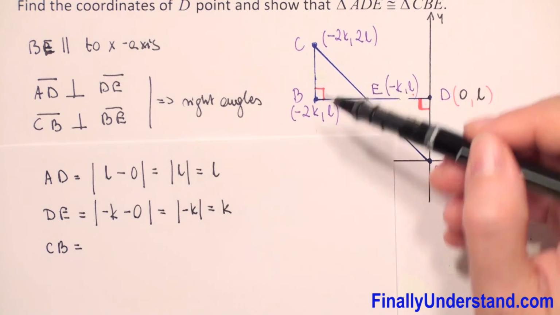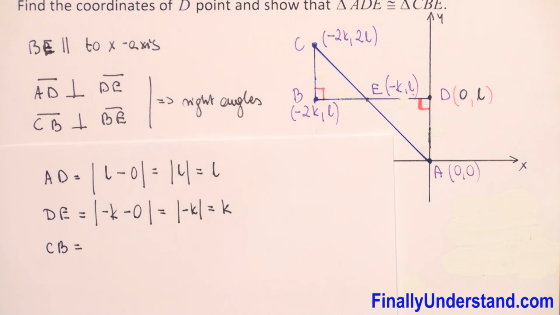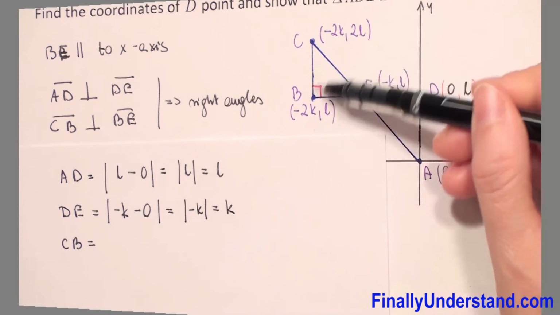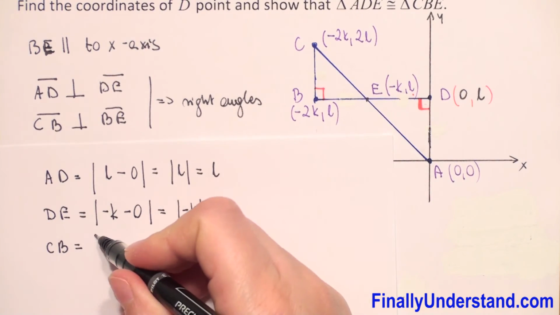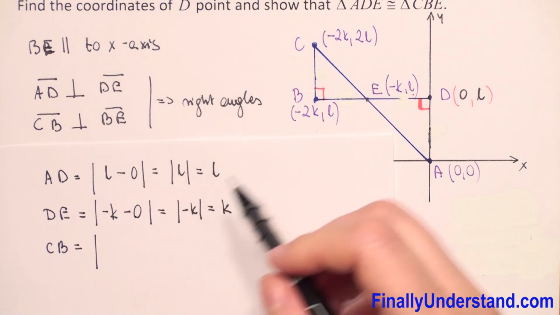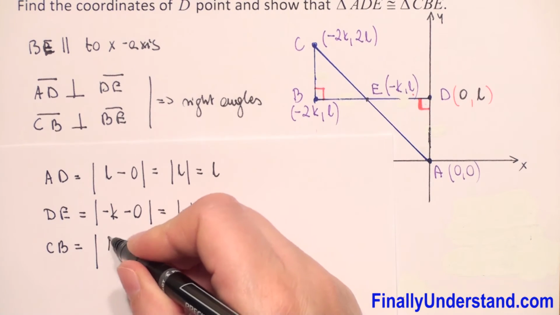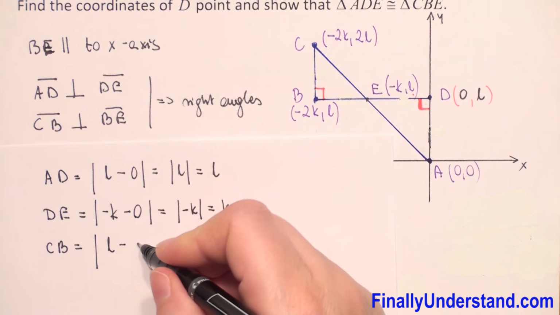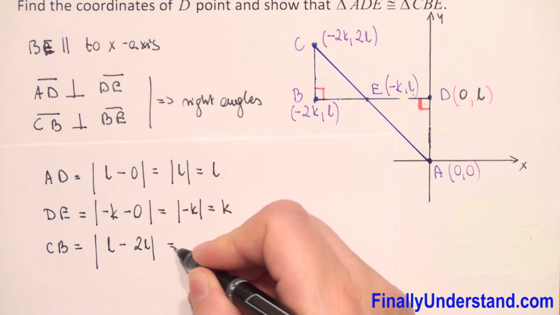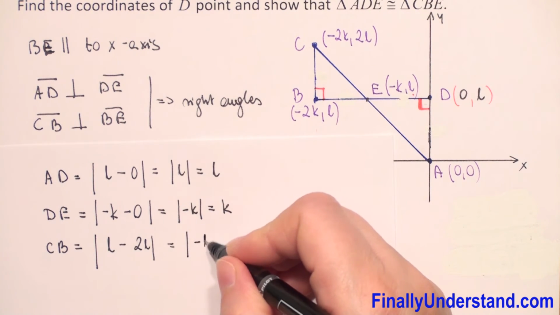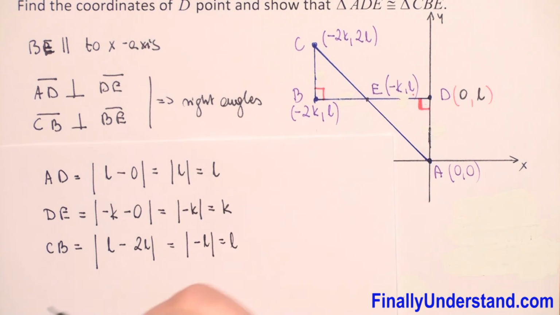So to find the length of a vertical segment, we will find the absolute value of the difference of the y-coordinates, because we see that the x-coordinates are the same. So B is the last, so we have L minus 2L. So we have absolute value of negative L, so this is L.